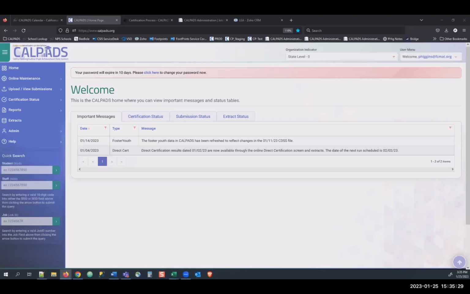So send in a ticket and then we can try and look at that specific student. But again, the first thing is, was the student enrolled at a school that's participating in the National School Lunch Program? Secondly, were they in independent study?